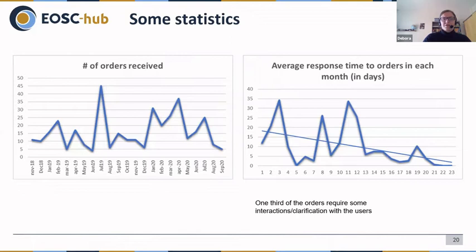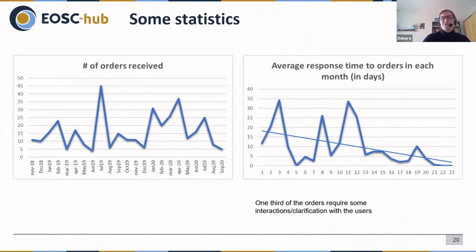We now have about 360 orders that have arrived from the marketplace to EOSC-hub. On the left side is the number of orders received per month. We have some very busy months and some more quiet ones. On the right side, you can see the time it has taken to give a first reply to the order.